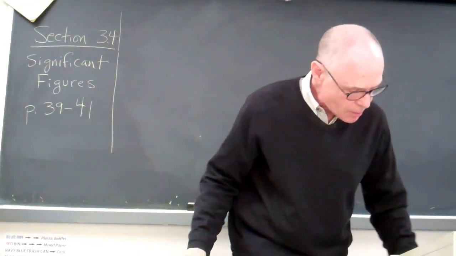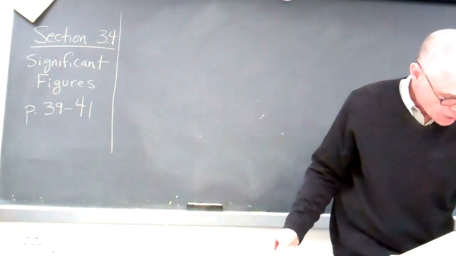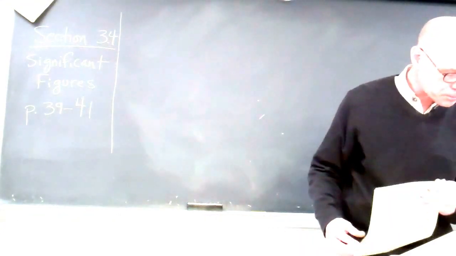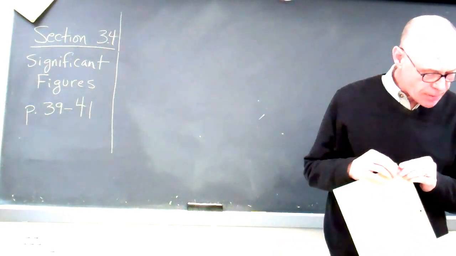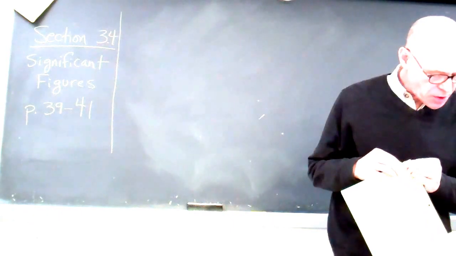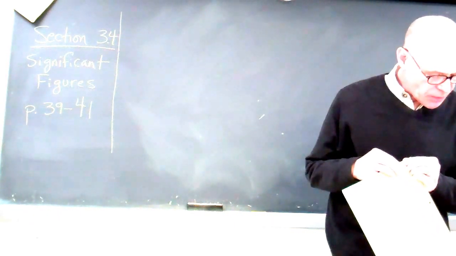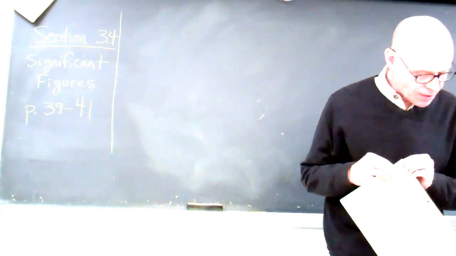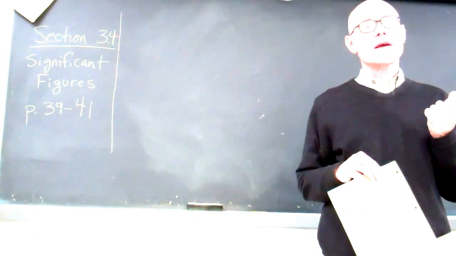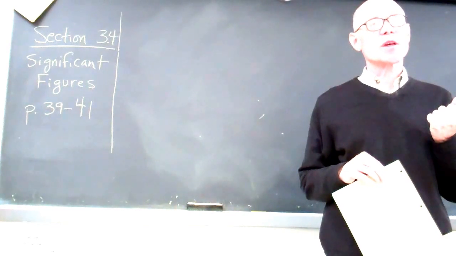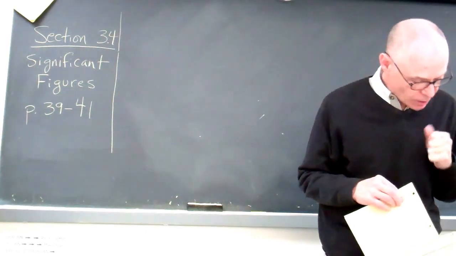So now let's hop over to page 40. The first thing we'll do is first discuss the actual rule of significant figures, and then the next task after that will be to figure out how we define what a significant figure itself is.